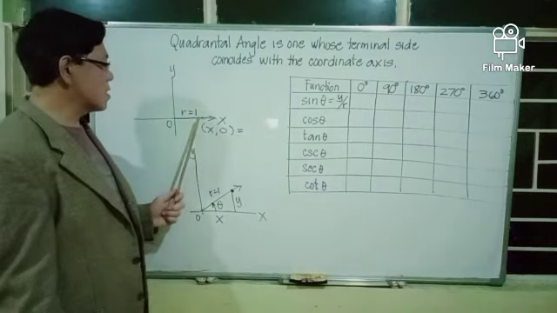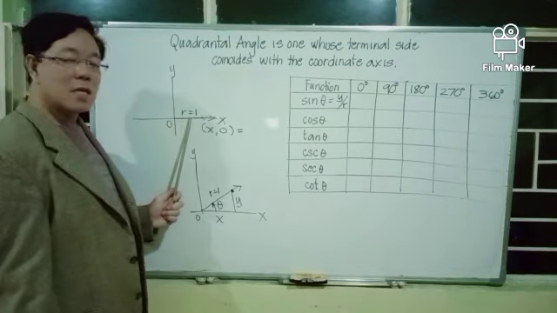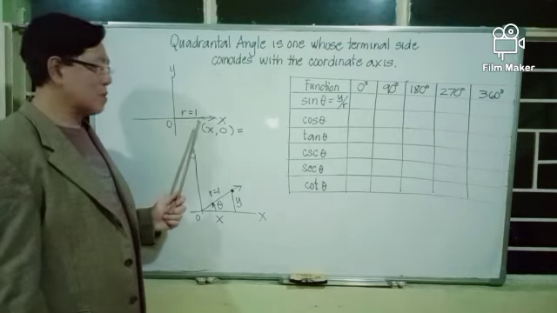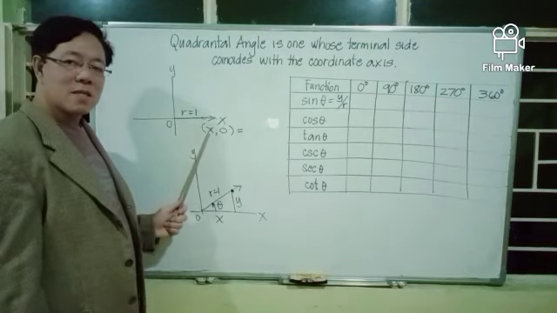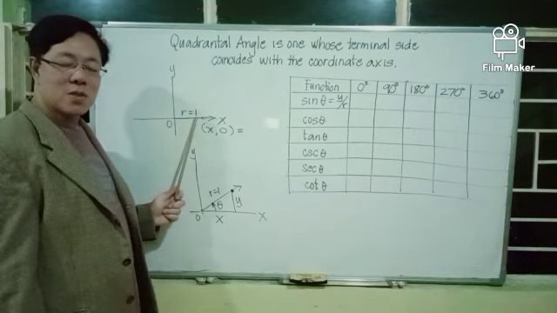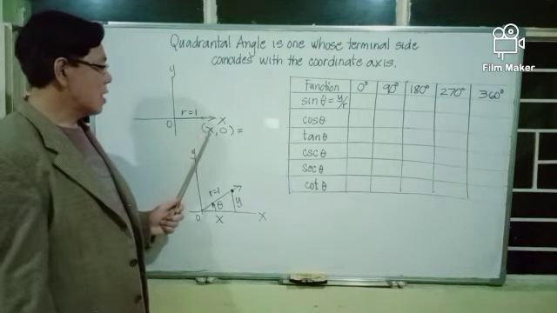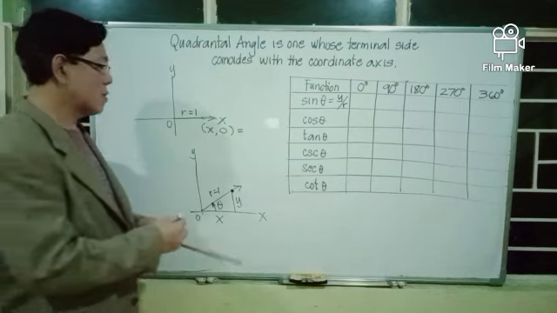But the distance of this point from the origin is equal to 1, the radius vector. Hence this point's abscissa x is equal to 1, the radius vector. So x is equal to 1 and y equals 0.